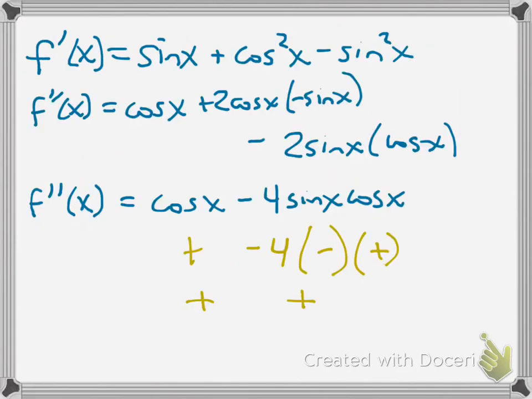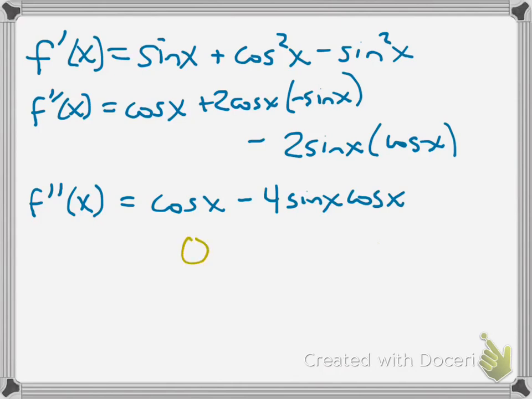Now, if we get into the other two critical numbers that we came across, f double prime of pi over 2, well, if we go back and calculate that, let's go back to the second derivative here. We have to look at the values, and hopefully we remember that cosine of pi over 2 is 0.